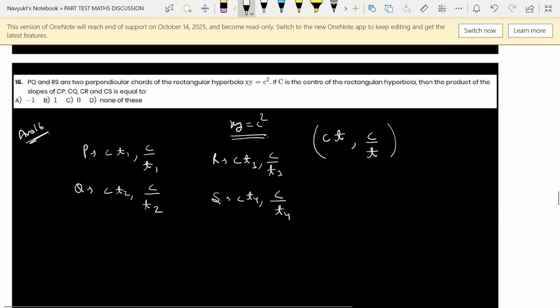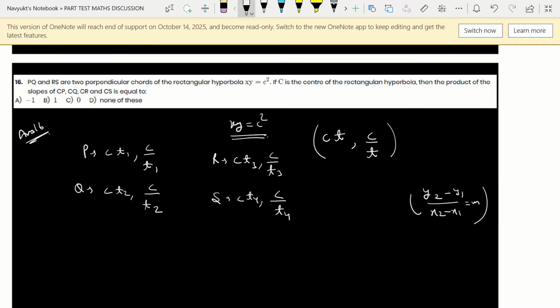Now the PQ slope is perpendicular to the RS slope. How would we go through this? By the simple y2 minus y1 upon x2 minus x1 formula, we can write the slope, and obviously m1 m2 equals minus 1.